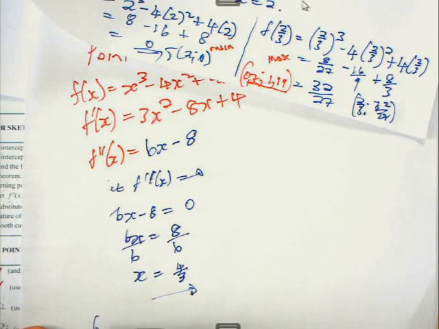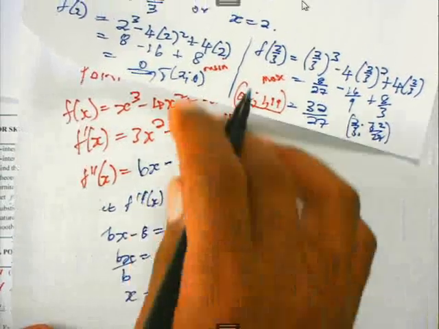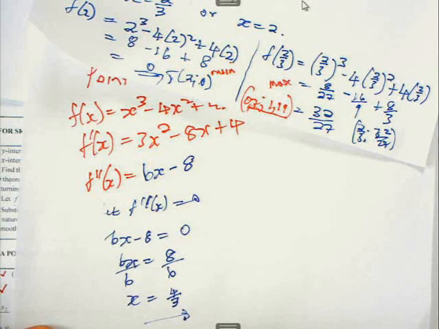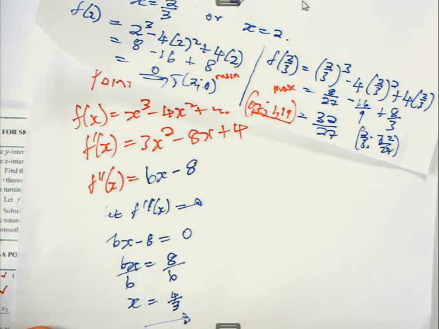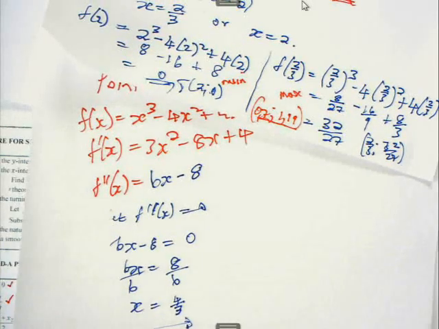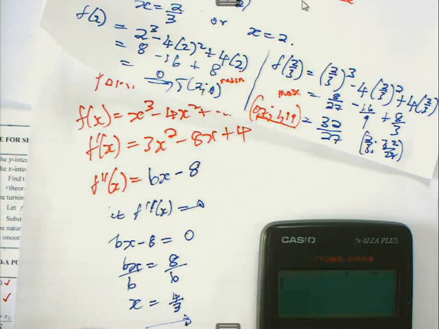You take the x, which is 4 divided by 3, then you substitute it in the equation. Then you're going to have 4 divided by 3 to the power of 3, minus 4, then 4 divided by 3 squared, and then plus 4, 4 divided by 3. Now you say equal sign. Now we can use the calculator to work this one out.